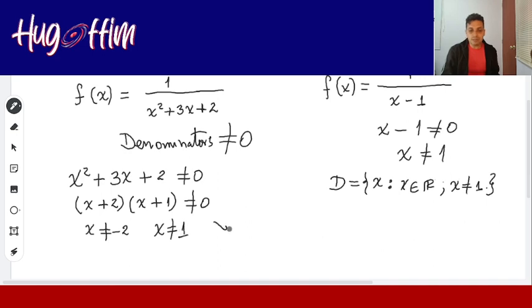So our domain is going to be x defined as x belongs to real, but x is different than negative 2 and different than negative 1.